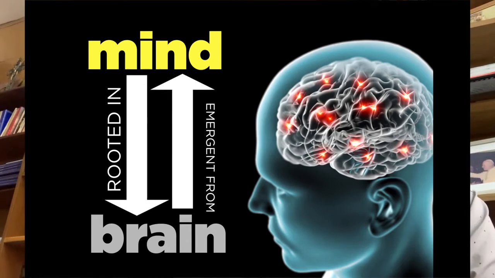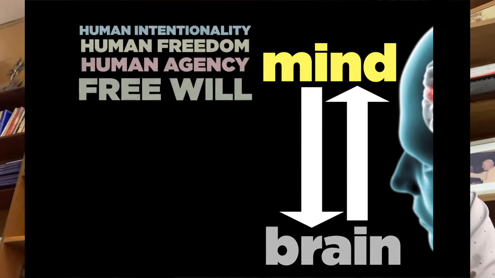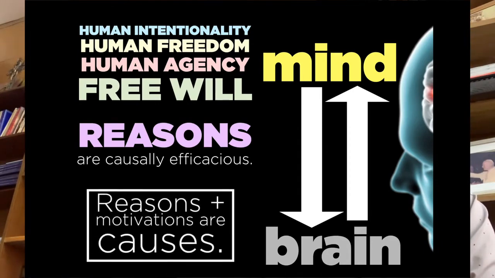For this reason, call it what you like, but the human mind, human intentionality, human freedom, human agency, free will, and for Bhaskar reasons, all these are causally efficacious. Our reasons and our motivations are causes.